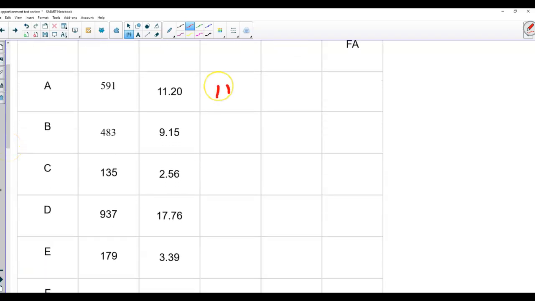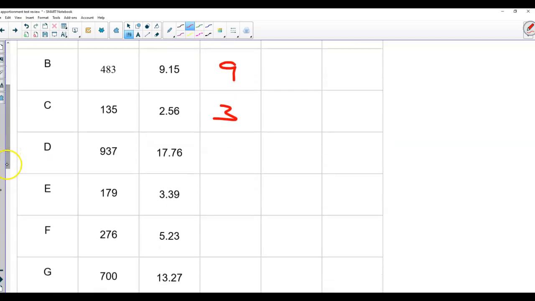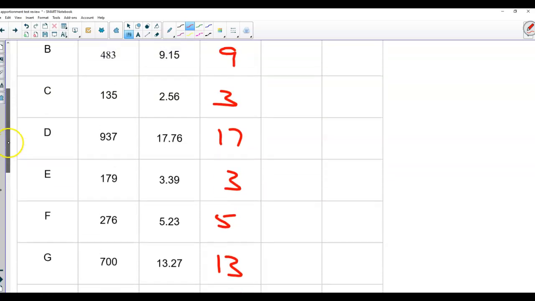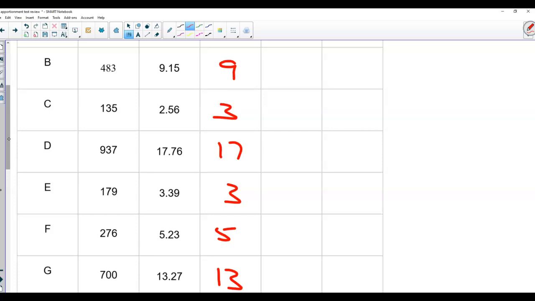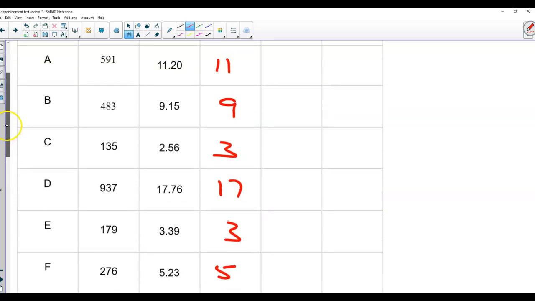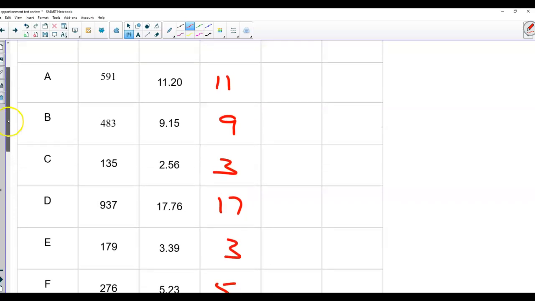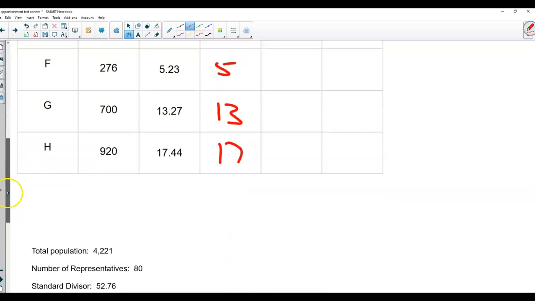I'm rounding normally. 11, 9, 3, 17, 3, 5, 13, 17. When I add these up, 30, 35, 38. 38 and 17 is 55. 55 and 3 is 58. 58 and 9 is 67, and 11 is 78.